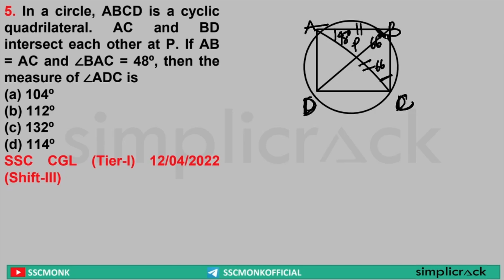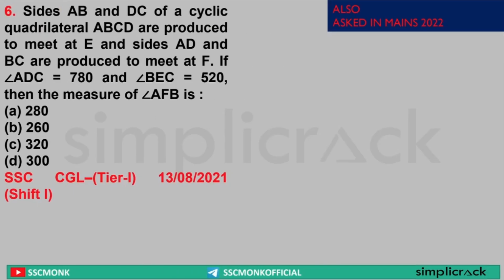Now see, this total is 66. That means the D value is equal to 180 minus 66, that is equal to 114 degrees. So the D value is 114 degrees. So ADC value is equal to 114 degrees. Clear?